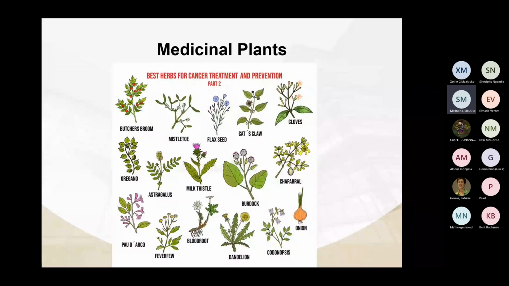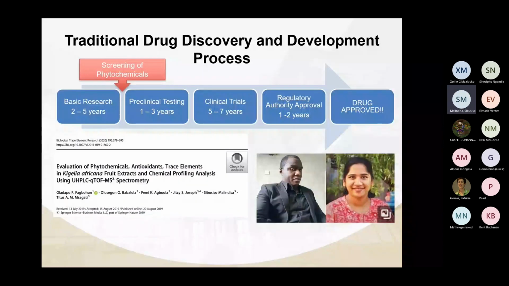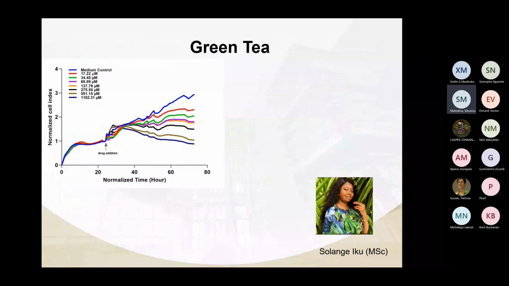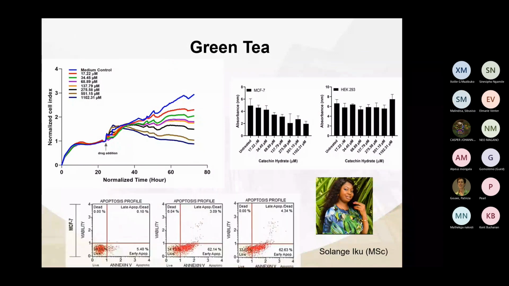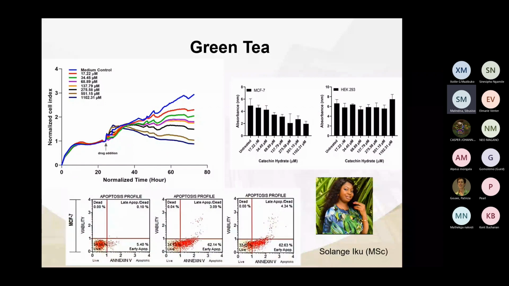We have identified some plants that we have published that we've shown have anti-cancer activity, as well as green tea. Green tea contains a group of compounds called catechins that have been shown to also reduce the growth of cancer. We are also very interested in synthesizing our own drugs, although this will take a very long time, but it's still quite relevant, and we collaborate with chemistry in this aspect.